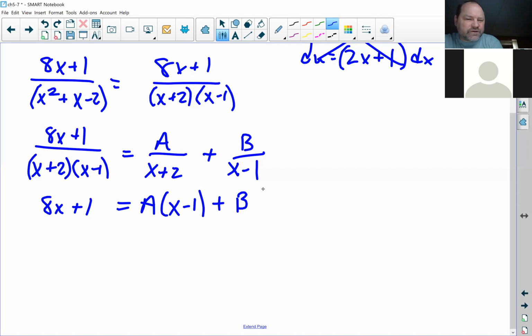And for my second term, the x minus 1 cancels, leaving me with b times x plus 2. Go ahead and multiply out the right-hand side.